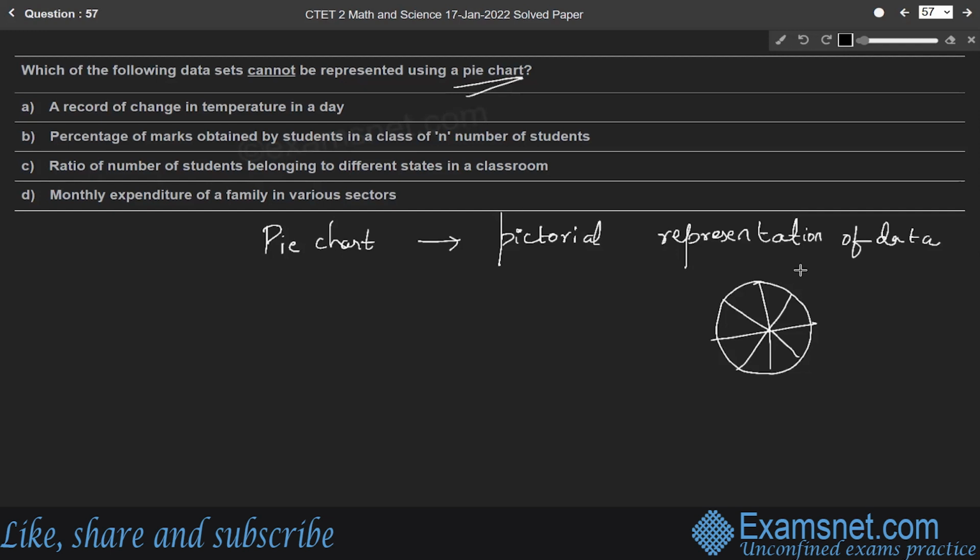Here, if we put a record of change in temperature in a day, so in option A, in a pie chart, then it will have many sectors and it will be very difficult to interpret the data. Therefore, record of change in temperature in a day cannot be represented using pie chart. Therefore, option A.